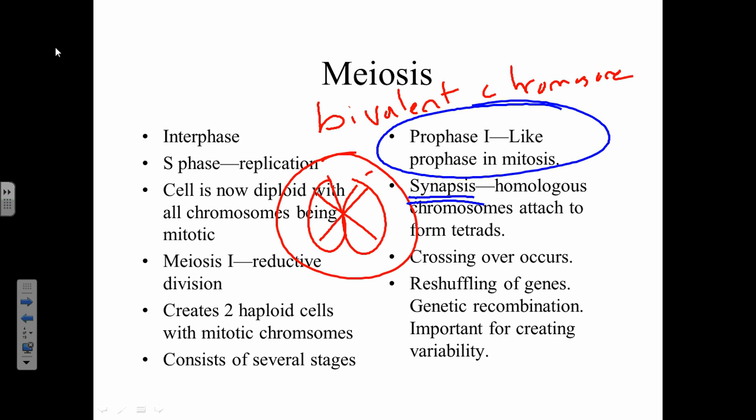You have how many pairs of homologous chromosomes in every cell? 23 pairs. So the first thing that happens, those homologous chromosomes, they wrap around each other. So let's say that one's the one you got from your dad, and this one is the same chromosome that you got from your mom. They actually attach together in pairs. They wrap up.